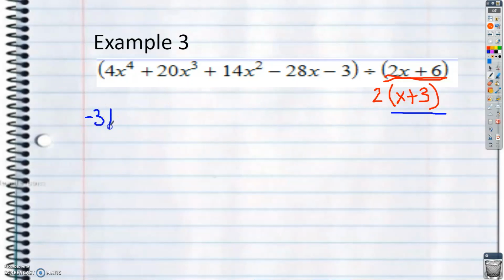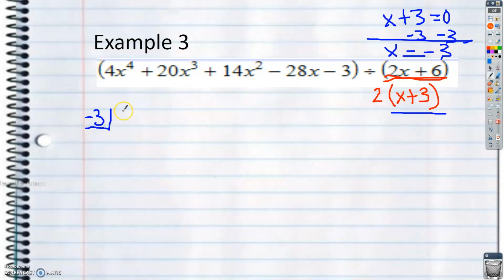So I'm going to do x plus 3 is equal to 0, and so subtract 3, so that is x equals -3. So if you're wondering where I got this -3 from, that's where I got it from. So now I'm going to write out all my terms.